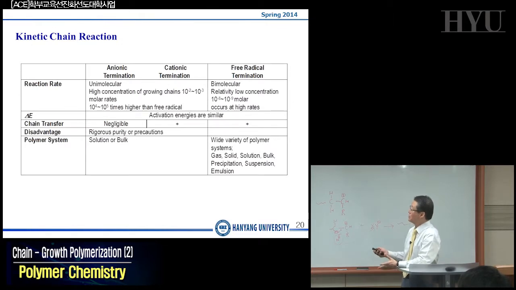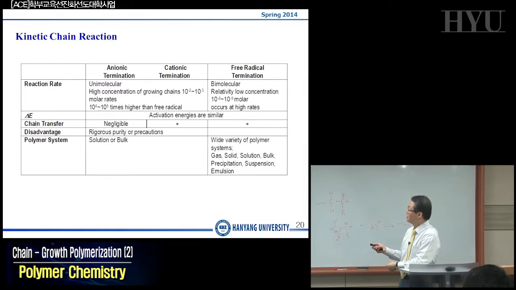Okay, if we can summarize again, the overall reaction rate is that in the case of ionic polymerization reactions, this is the unimolecular reaction, whereas free radical is bimolecular. Reactivity of the radical versus the ionic polymerization is different.